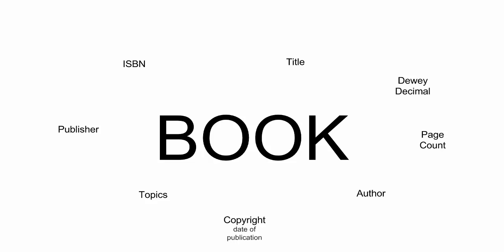There's shelves of books, and those books typically come with certain attributes or values associated to that book. So you have things like ISBN number, title, Dewey Decimal. If you're familiar with card catalog style information, you have things like page count, the author of the book, copyright date, maybe topics or keywords that help identify the contents of the book, and then the publisher of the book.